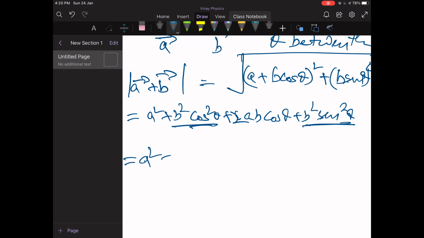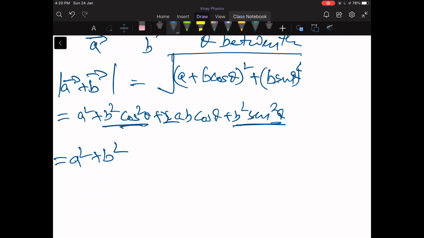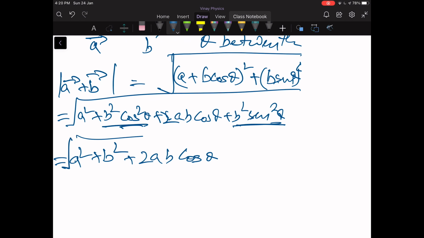So this becomes the square root of A square plus B square plus 2 AB cos theta, and we forgot the square root here as well. So this is the generic formula. If you have two vectors A and B with an angle theta between them and we add them and want the magnitude, it is going to be this.